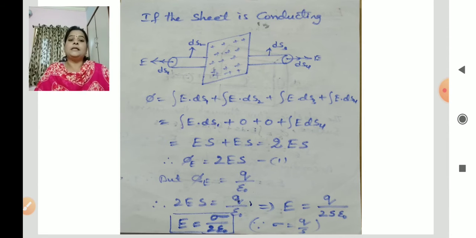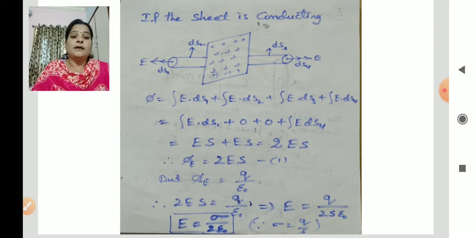So the total electric flux through this Gaussian surface is phi equal to integral E dot ds1 plus integral E dot ds2 plus integral E dot ds3 plus integral E dot ds4. Now on the curved surface the electric flux is 0 because the electric field and the area vector are perpendicular to each other. Therefore across ds2 and ds3 the electric flux is 0.